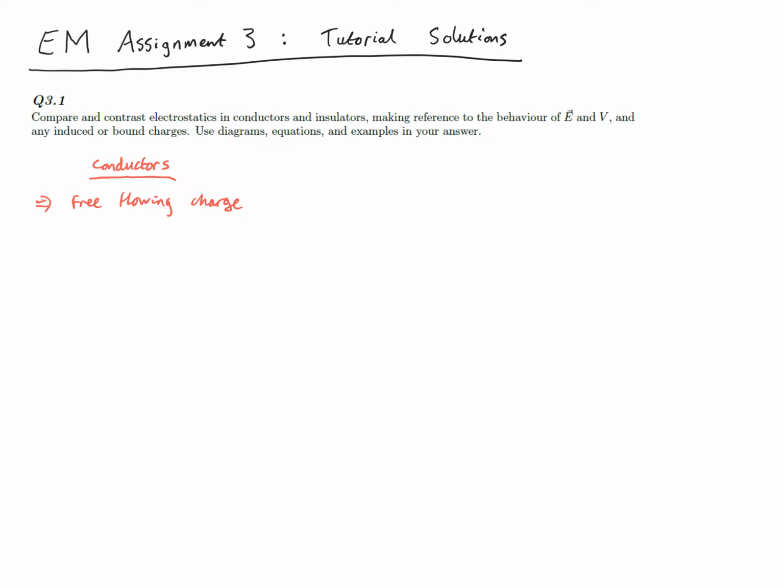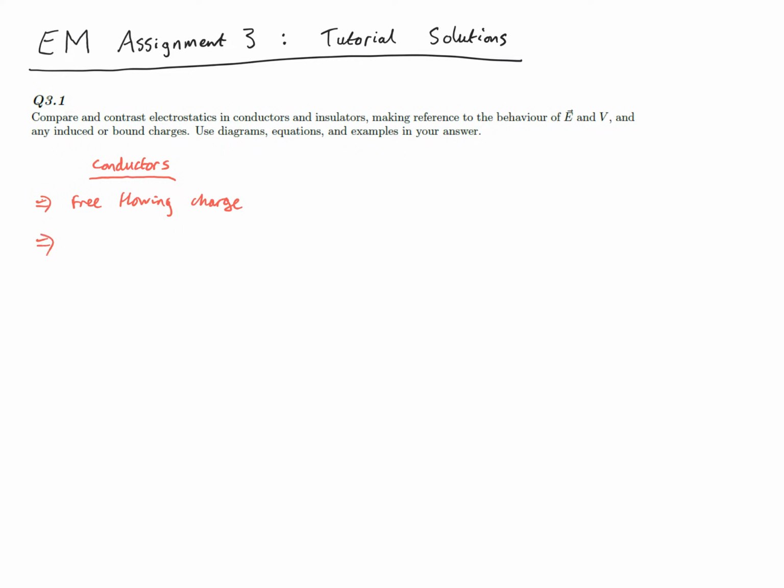Why? Because the electrons will adjust their positions in the material until the electric field inside the material is zero, and then there's no force, and everything settles down. So by construction, the electrons move until they no longer move, which means the electric field inside the material is equal to zero.